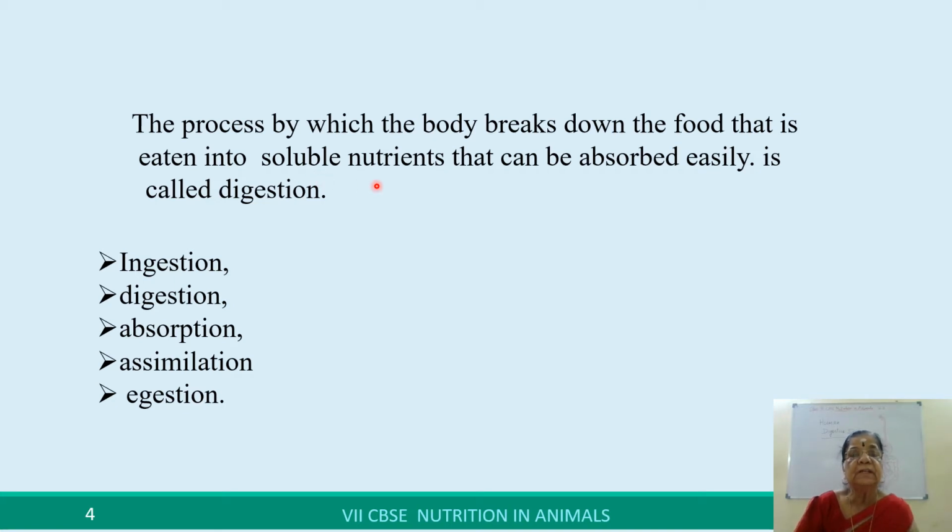Carbohydrate, protein, fat, vitamins and minerals that can be absorbed easily, and this is called digestion. I repeat, the process by which the body breaks down the food that is eaten into soluble nutrients that can be absorbed easily is called digestion.